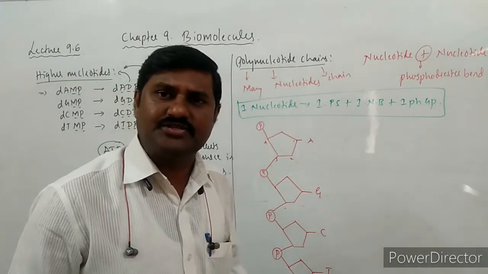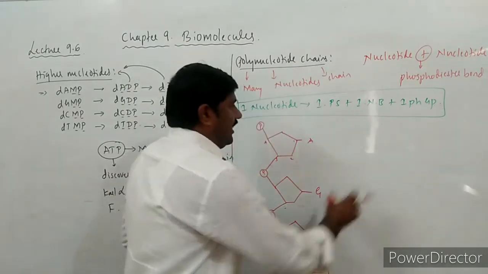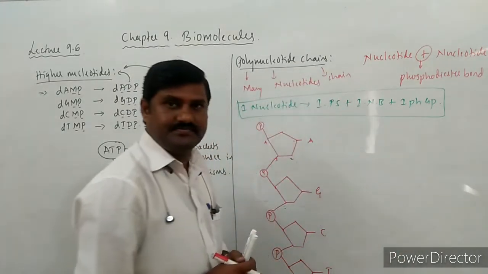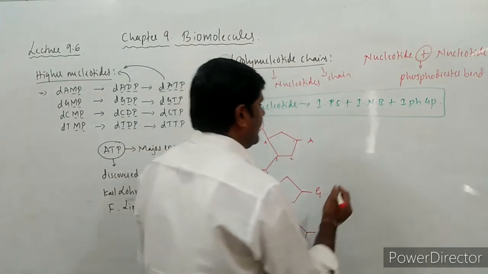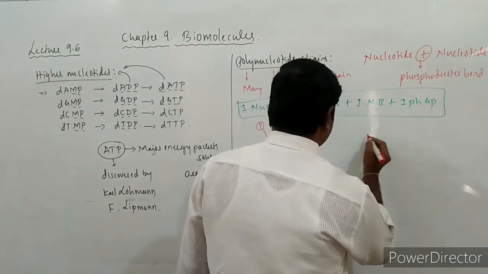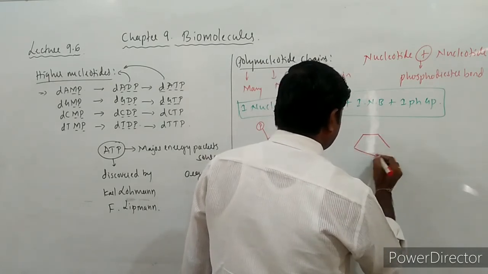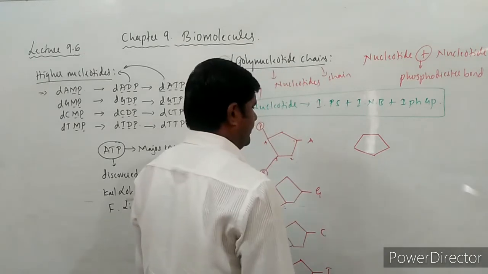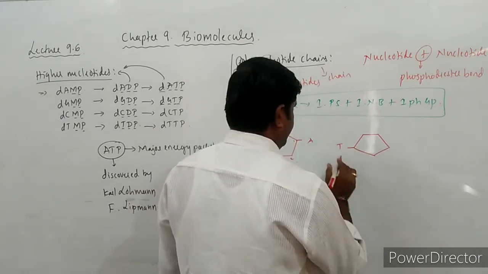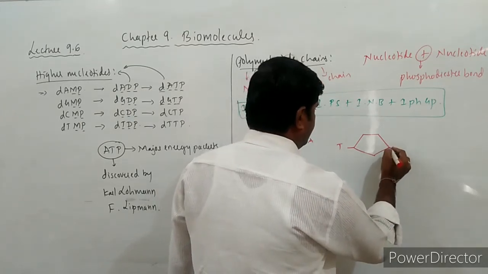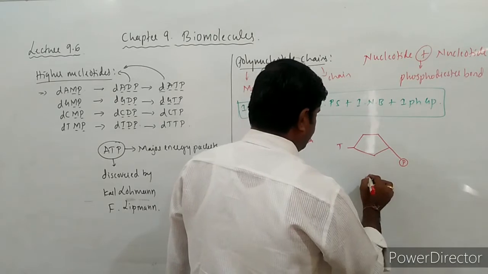What do you mean by double-stranded? So this is one strand of DNA and the other strand must be here. So we can draw that one also. See here. This is one nucleotide. Okay. This is one nucleotide, what I am drawing here.